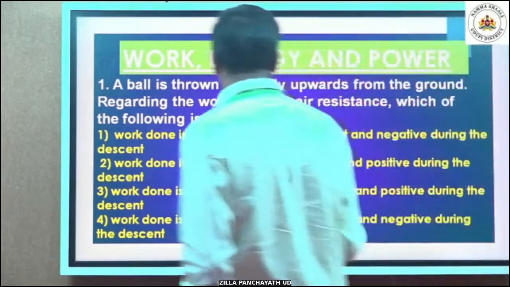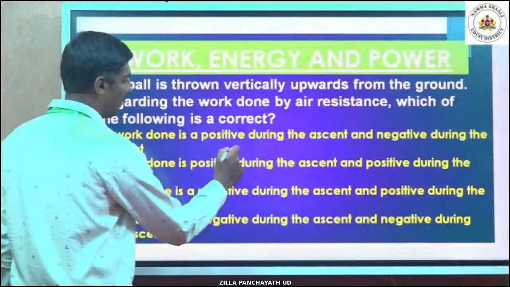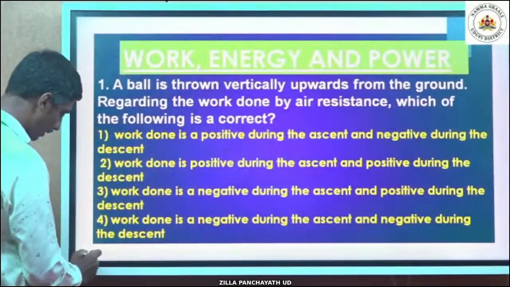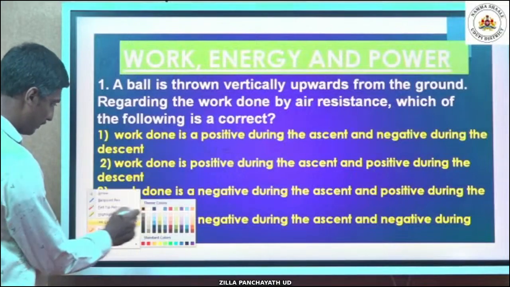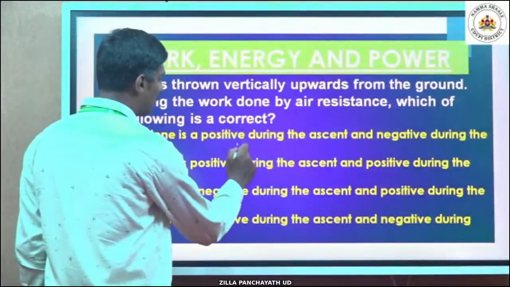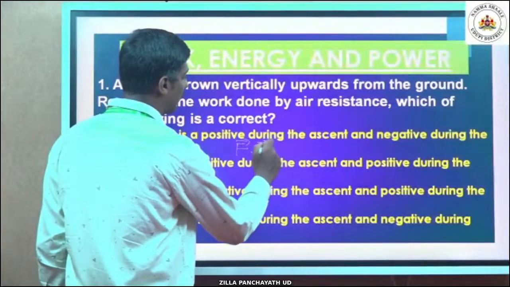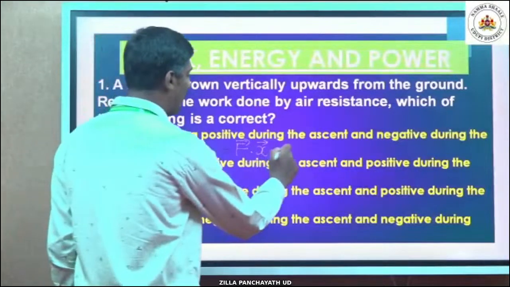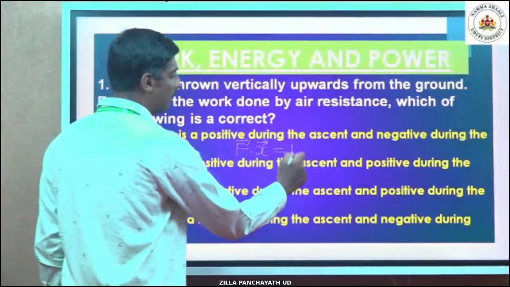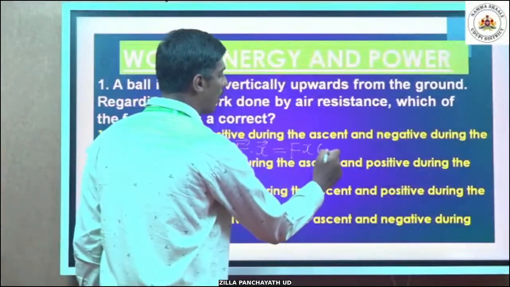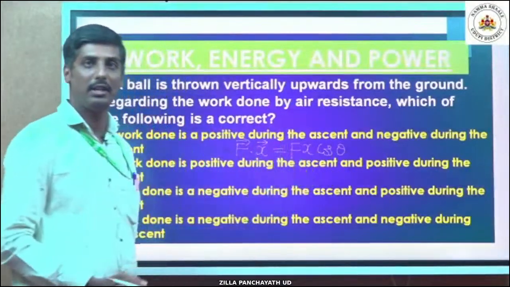We know the equation of work done, I'll write it here. The work done equation is F dot x, which can be written as Fx cos theta, where F is the force, x is the displacement, and theta is the angle between force and displacement.